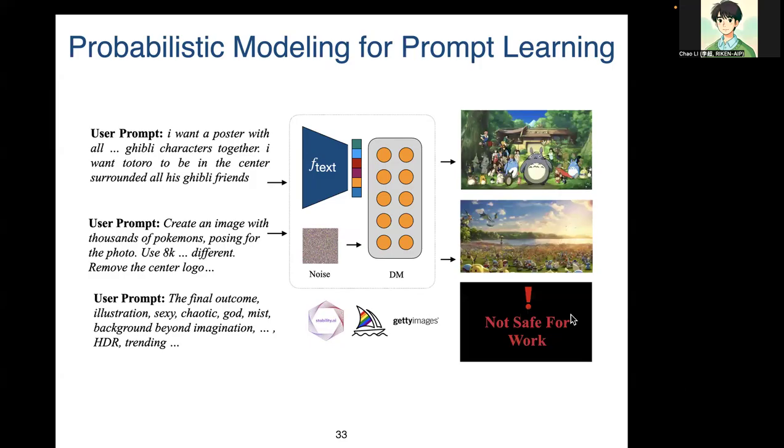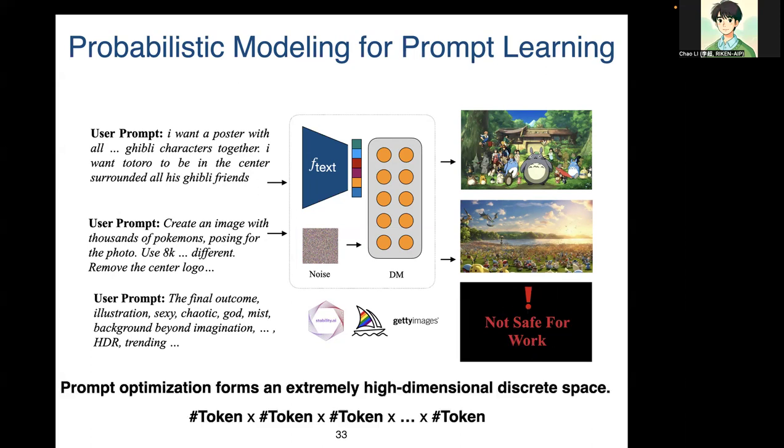Now, with the right prompts, you can do all sorts of things, from precisely controlling what the model draws, to even jailbreaking it and bypassing safety filters. But the task is challenging. The prompt lives in a huge search space. Its dimension grows exponentially with the number of tokens.